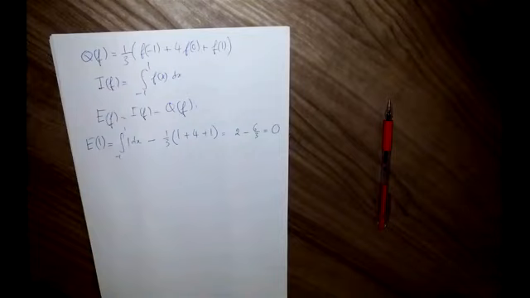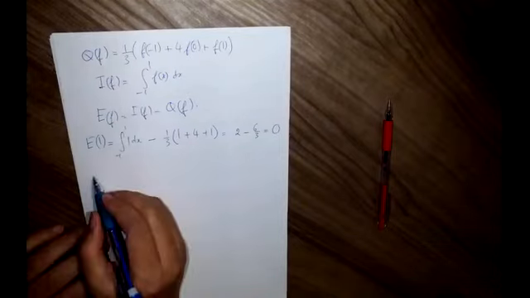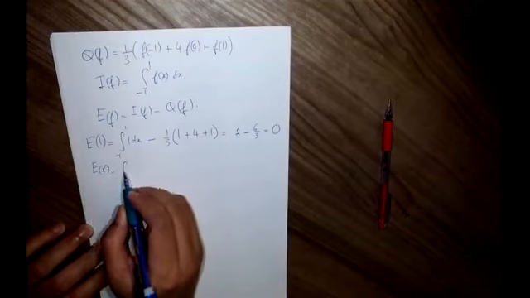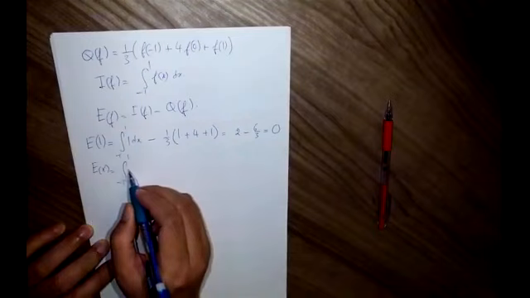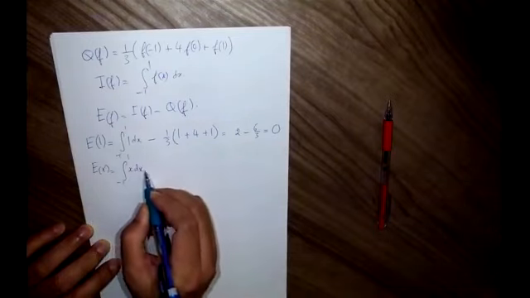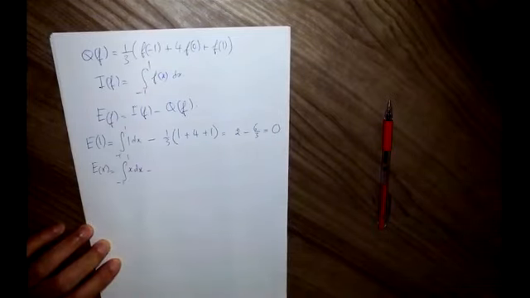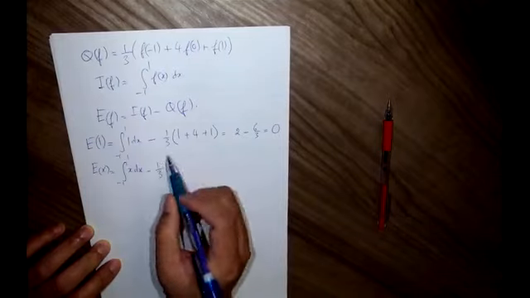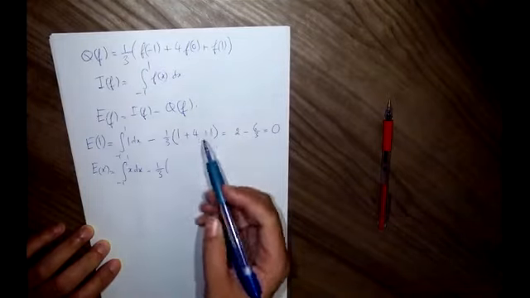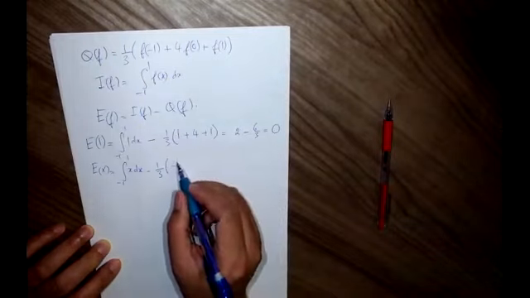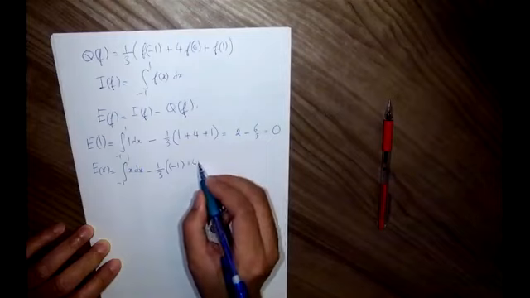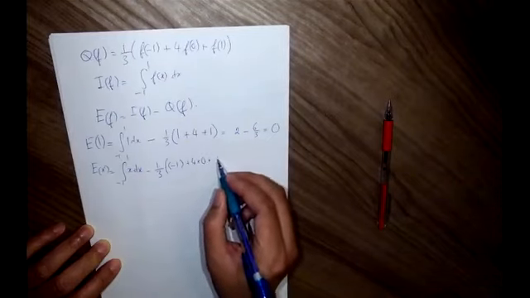So no majority. Okay, so let me do one more. Yeah? So E of x will be the integral from minus 1 to 1 of x dx, minus the value. Because f of x equals x, at minus 1 it equals minus 1, at 0 it equals 0, at 1 it equals 1.